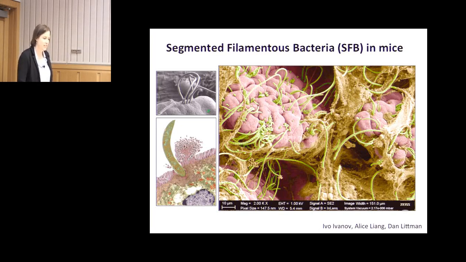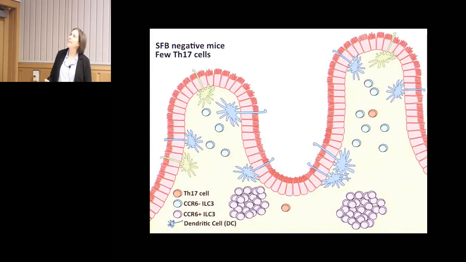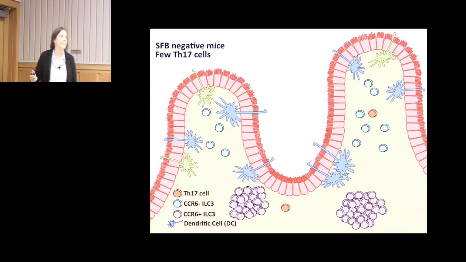So here, for reference, is another picture of the gut. And this is for SFB negative mice, so mice lacking in SFB. We have a couple of cell types. These are dendritic cells. They have long dendrites that can stick into the lumen and actually sample the contents. There are Th17 cells, ILC3s, which you'll notice there are just a couple of Th17 cells in this figure.